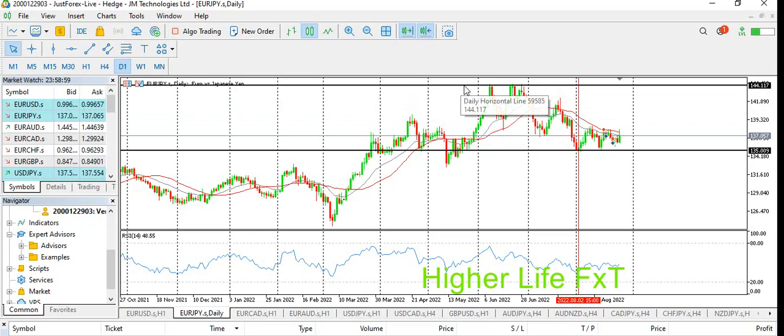As you can see here, our price was going up on an uptrend. It bounced here, couldn't break, as we have seen. We have already said it's a support.